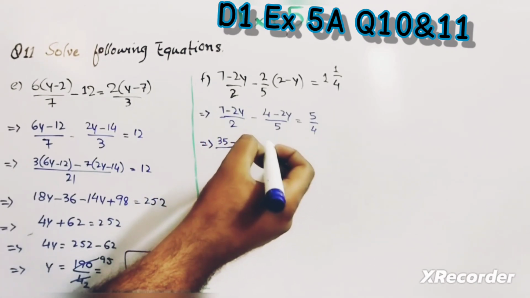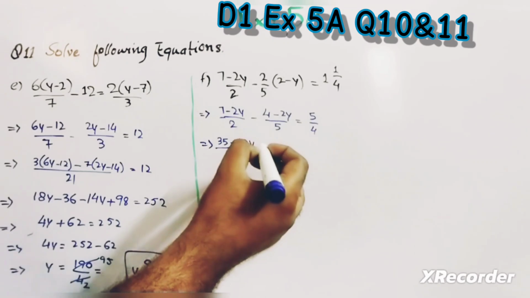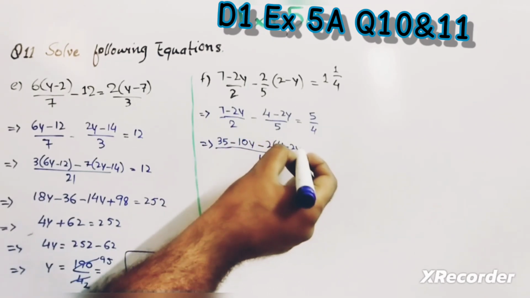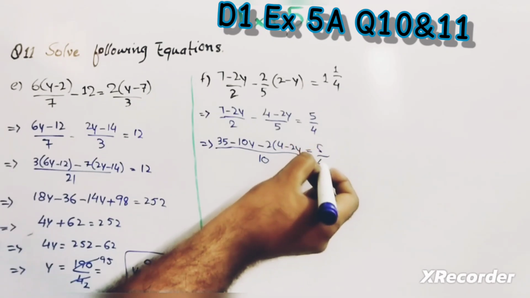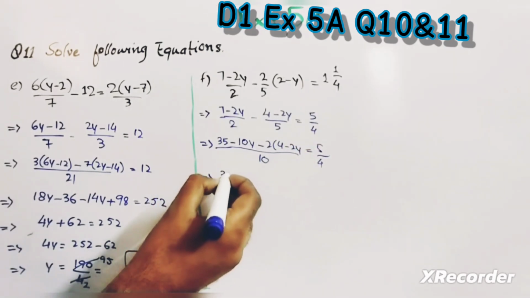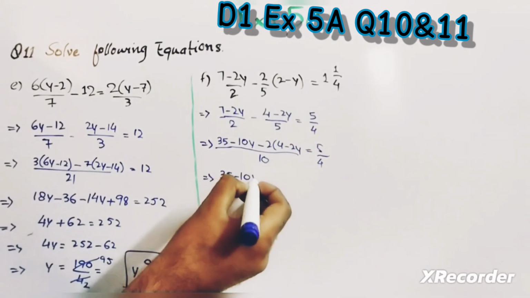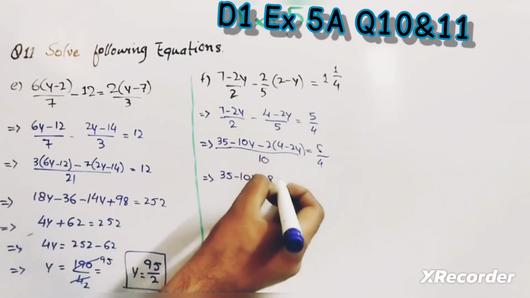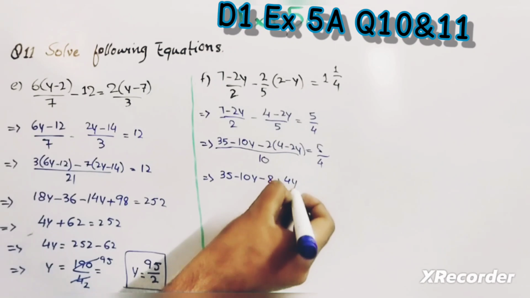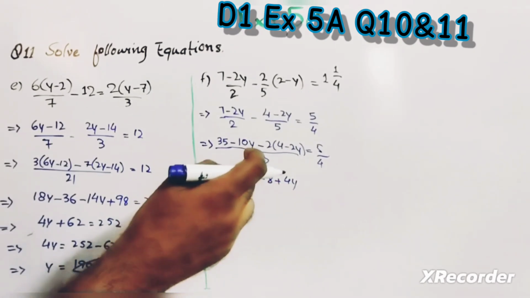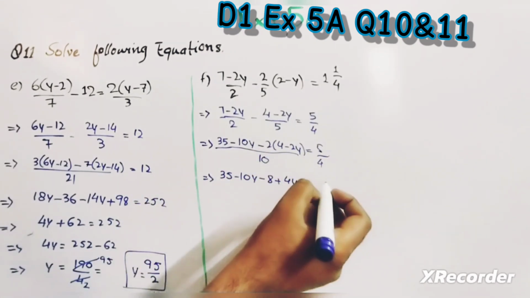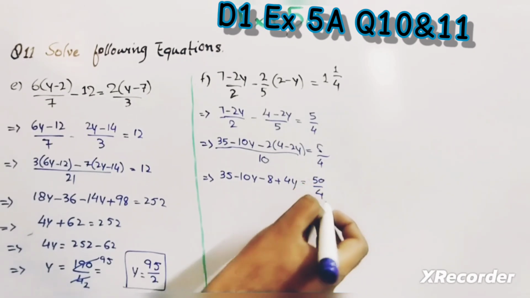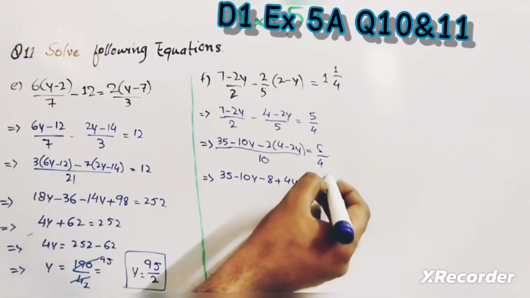Now minus 2, 4 minus 2, 35 minus 10y minus 8 plus 4y, and this 10 moved to that side, so becoming 50 upon 4, or we can say it 25 upon 2.